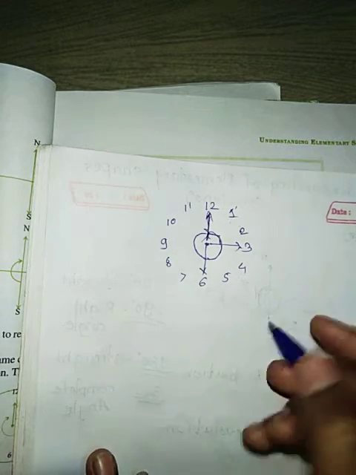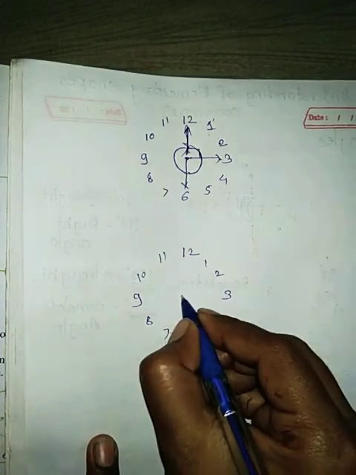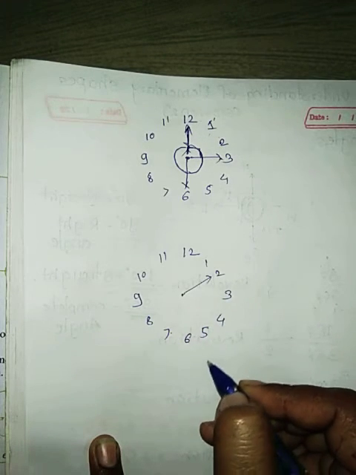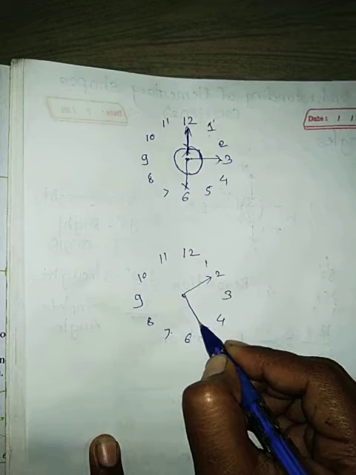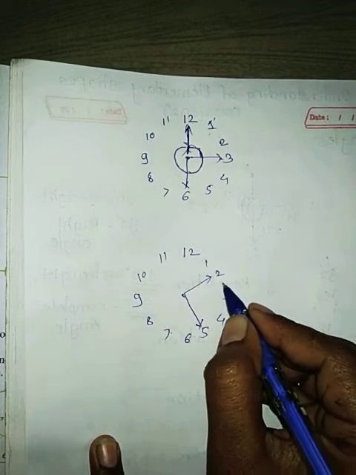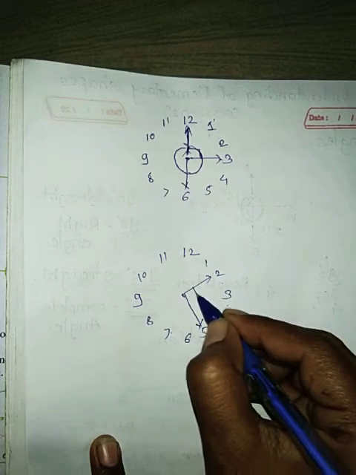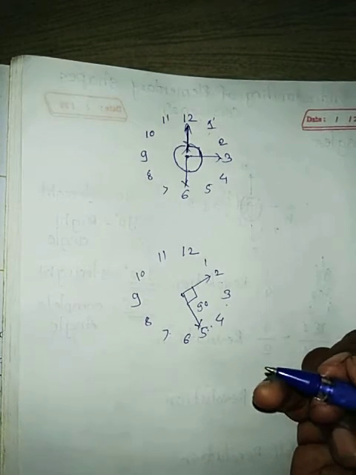Now, on the same clock, if I start from 2 and stop at 5, then 1, 2, 3, three parts, so it is 90 degrees.